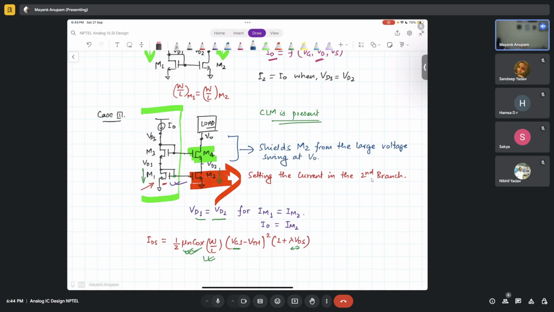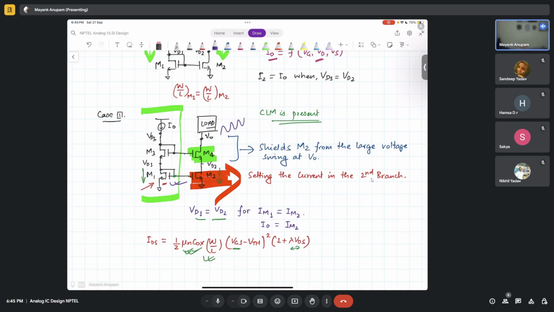What I was trying to say is that this V naught here, V out here, will change, isn't it? So one of the simplest examples to understand how it swings is that, let's say this V out is some sinusoidal voltage. So V out will change according to the sinusoid.